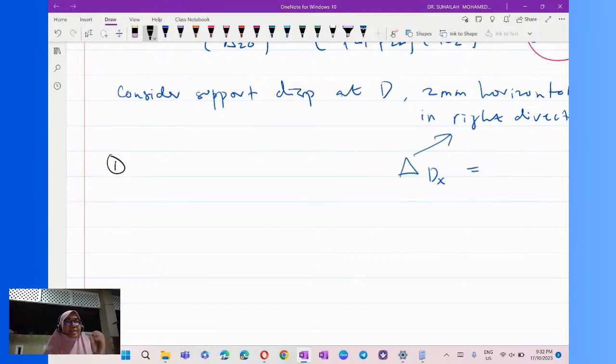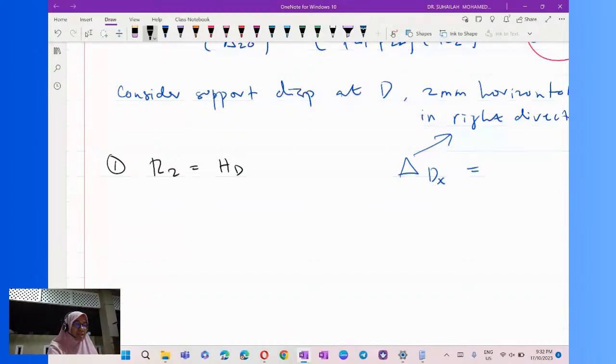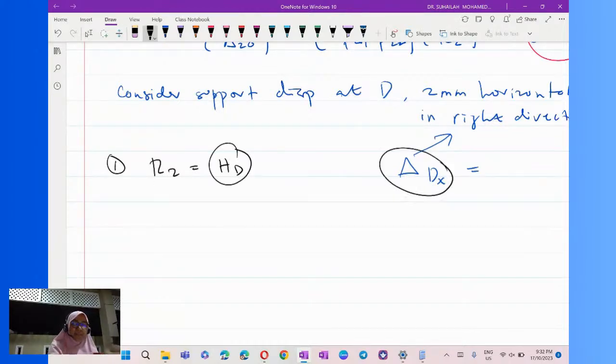The redundant and the support settlement are at the same position. Earlier, redundant number 2 was HD, so HD and this one are at the same position. When it is the same position, then only you can set them equal. For example, if redundant 1 is MA and redundant 2 is HA, but the settlement is at D, 5 mm.